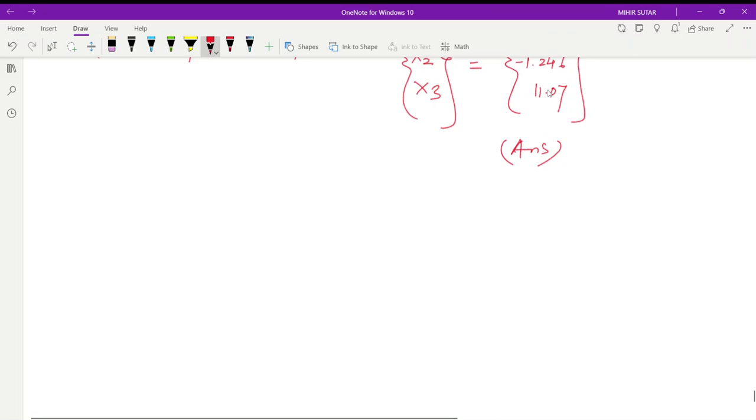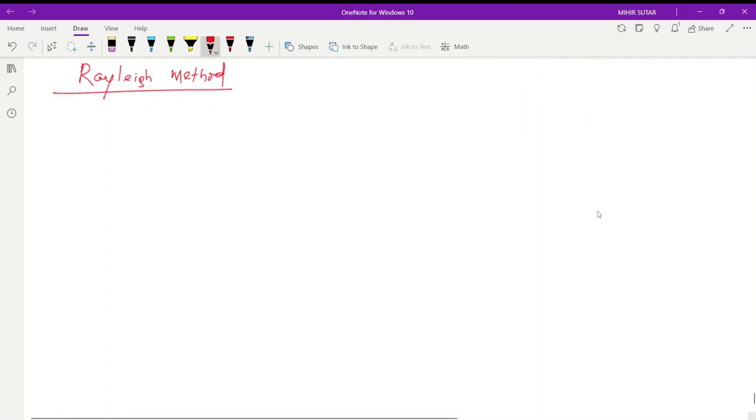Now if you consider a single degree of freedom system, let's say we have a rigid support here and we have a spring with stiffness k, a mass attached at the end, let's say mass is m, stiffness is k, displacement is x, okay.